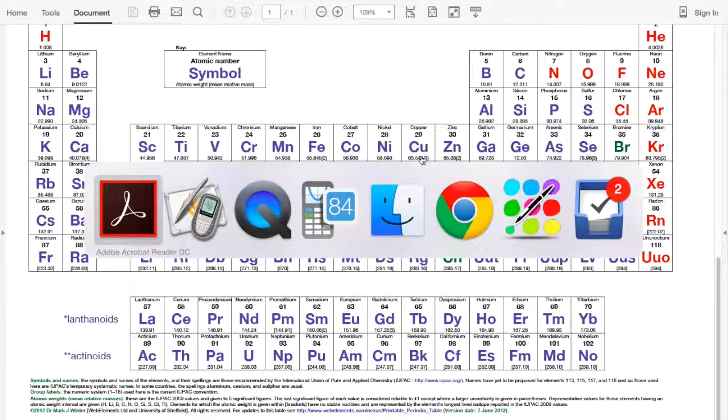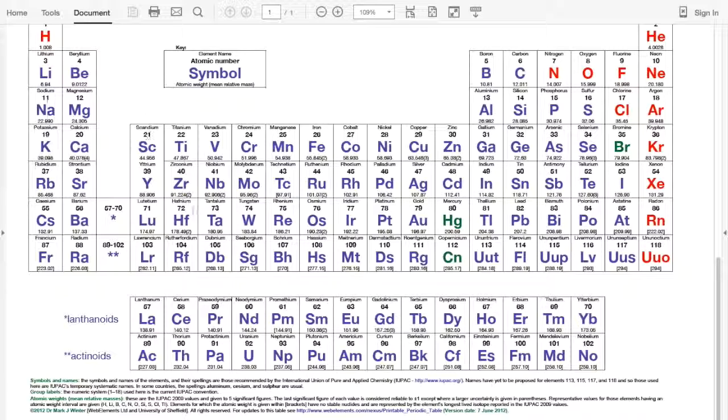So these numbers at the bottom of the periodic table are the average atomic mass, or the mean relative mass, but it's the average atomic mass, okay? So these numbers have the unit U. Now, this is going to get confusing in a little while when I do some other stuff, but for now, I want you to remember that these numbers are average atomic mass with the symbol U.